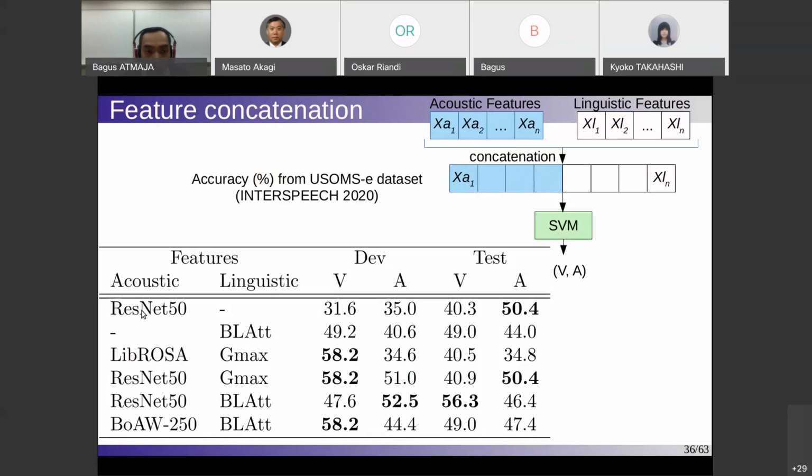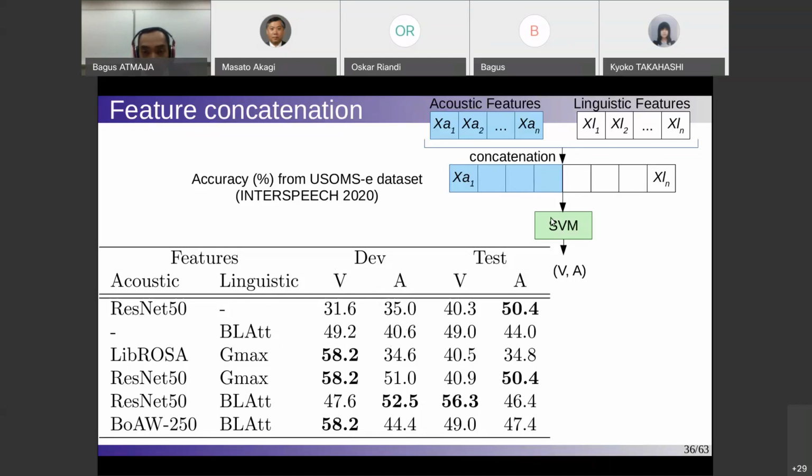For example, using the baseline model with acoustic feature ResNet 50, the accuracy of valence is only 31, and the prediction of arousal is 35. Using linguistic only, BERT from the transformer model, the valence prediction is higher because linguistic information contributes to valence prediction, and arousal is also higher.